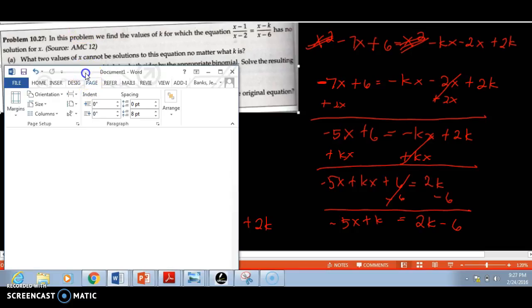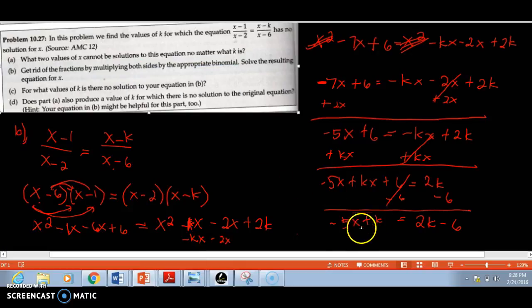Oh no, this will not work. Actually, this will not work. I'm sorry, this is supposed to be negative 5x plus kx. All right, and we will copy this.